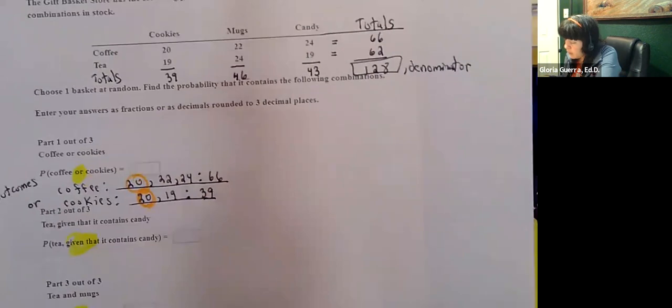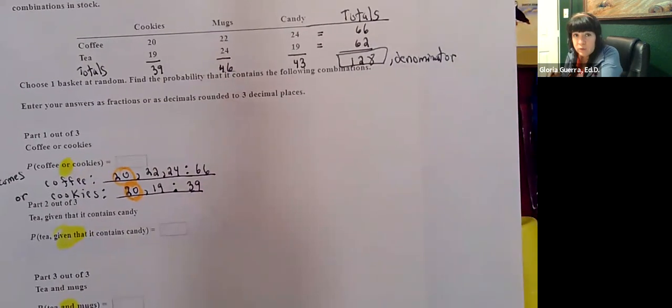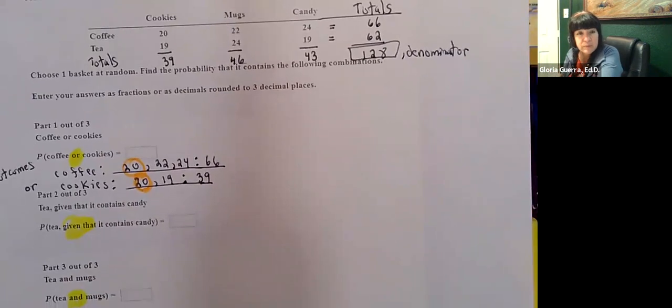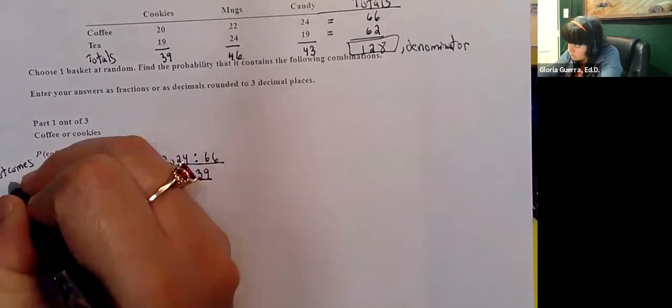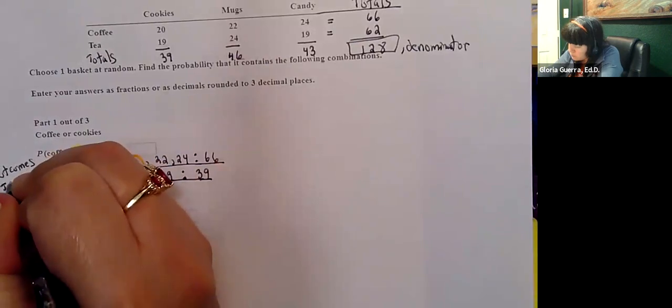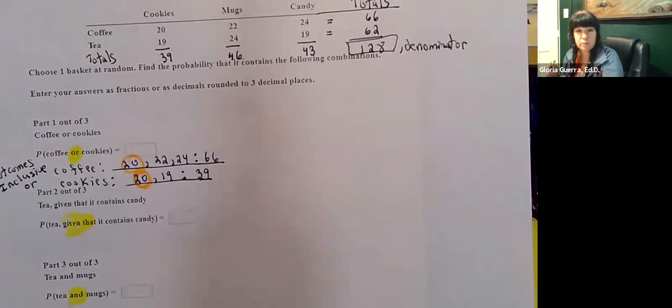And so with the or, because we have an overlap, remember there's 2 types of ors. So this is the inclusive or, as opposed to the exclusive or.